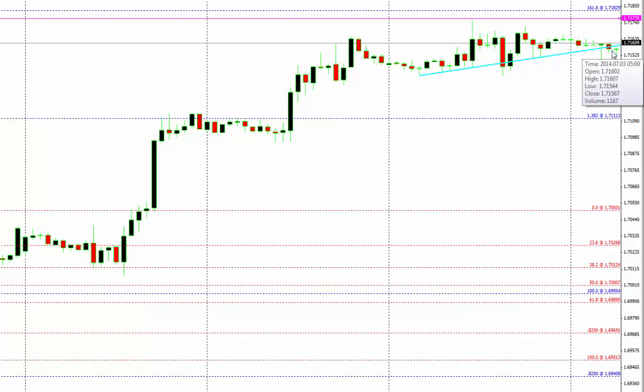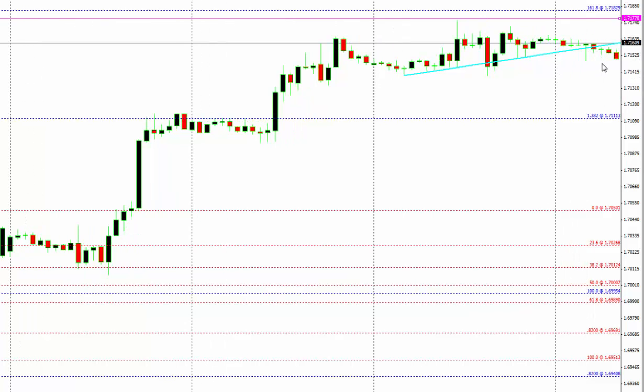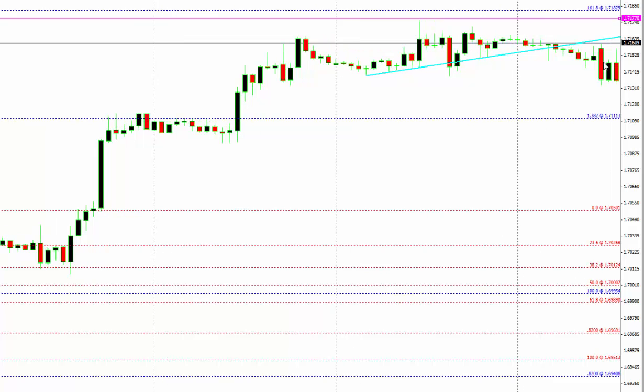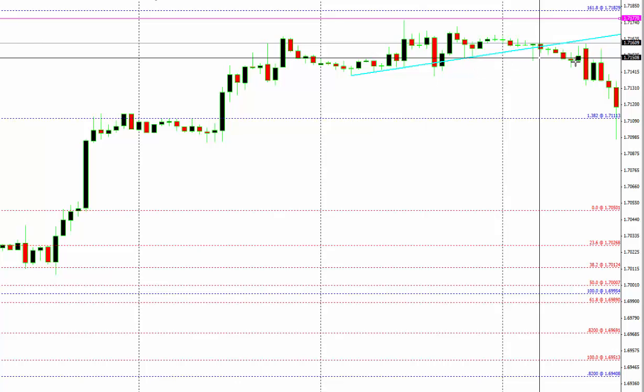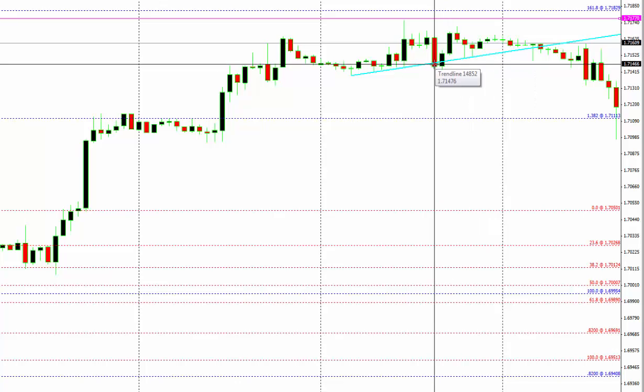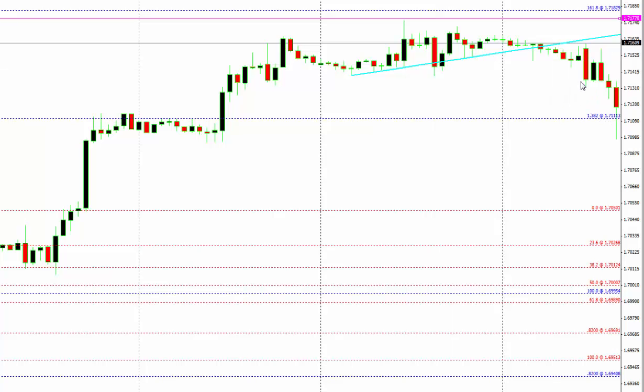Price started to go down, to go down, to go down, and all of a sudden it went to my point right here at 3 also. 3 to 3, 24 hours. And we made around 35, 36 pips, which is really good.